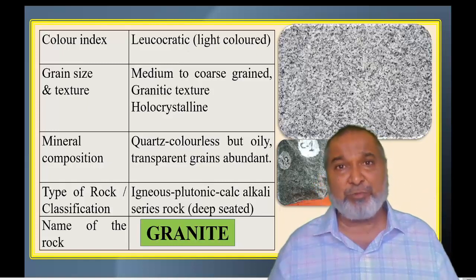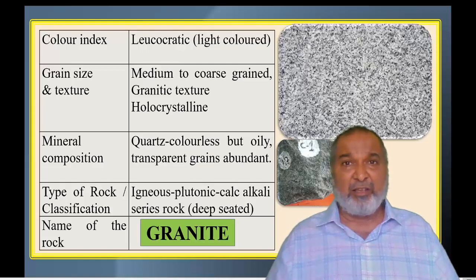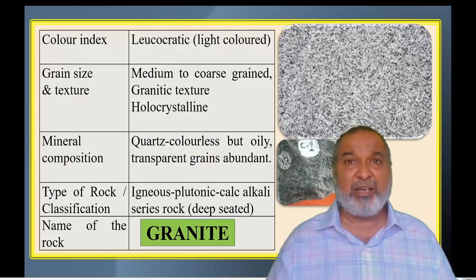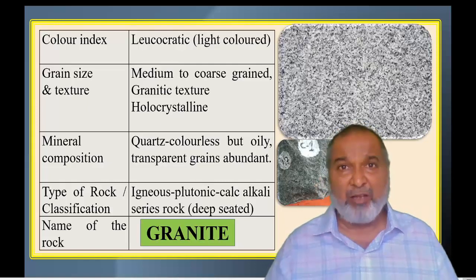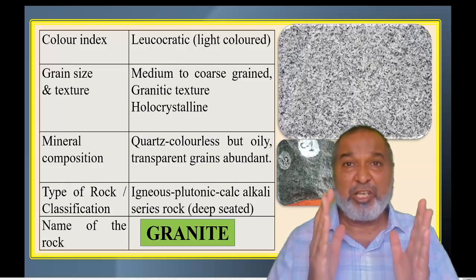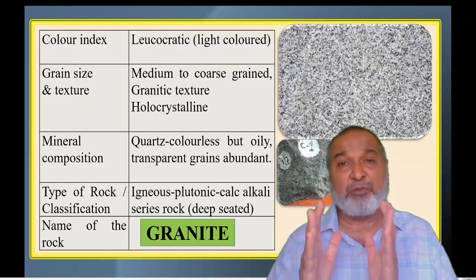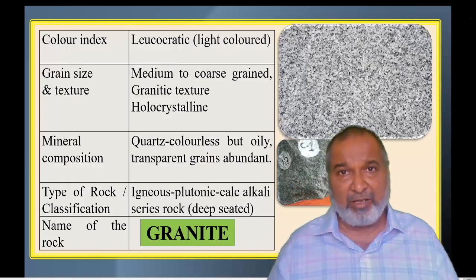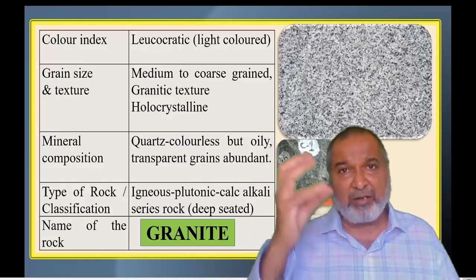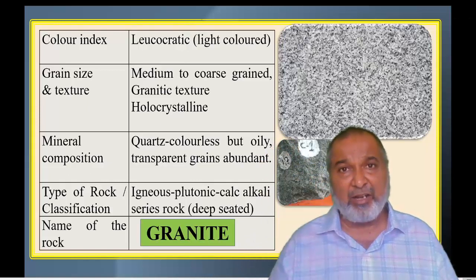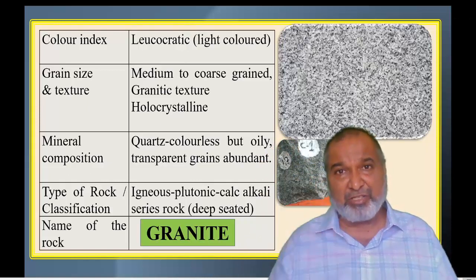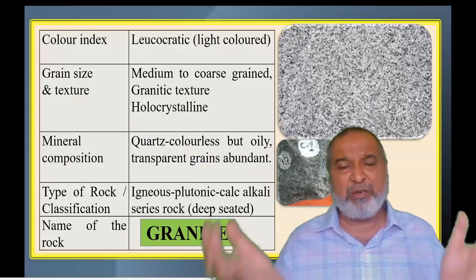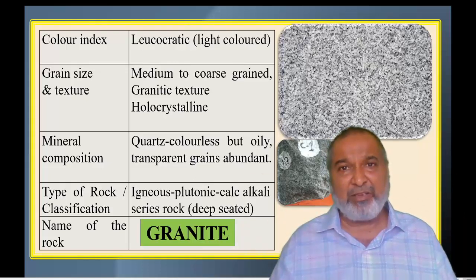Very important next point: in igneous rock, the minerals present are divided into two categories. One is called essential minerals, and the second is called accessory minerals. For example, in your family there are grandfather, grandmother, father, mother, sisters, brothers, uncles. That will be a big family. But somebody has a small child of 6 months or 2 months.